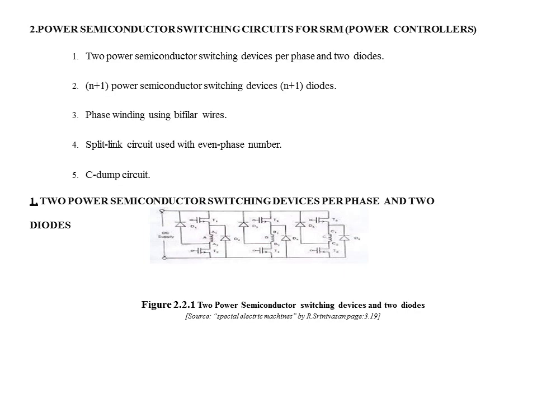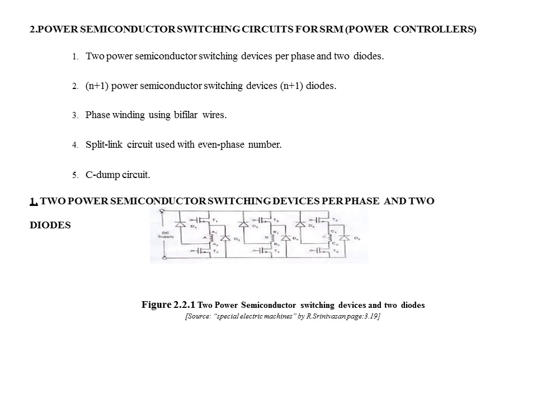That means it consists of three limbs. Each limb carries two semiconductor devices and two diodes connected to the phase winding. Similarly, the second limb and third limb have their phase windings. The phase winding A is connected to the DC supply through the power semiconductor devices T1 and T2.